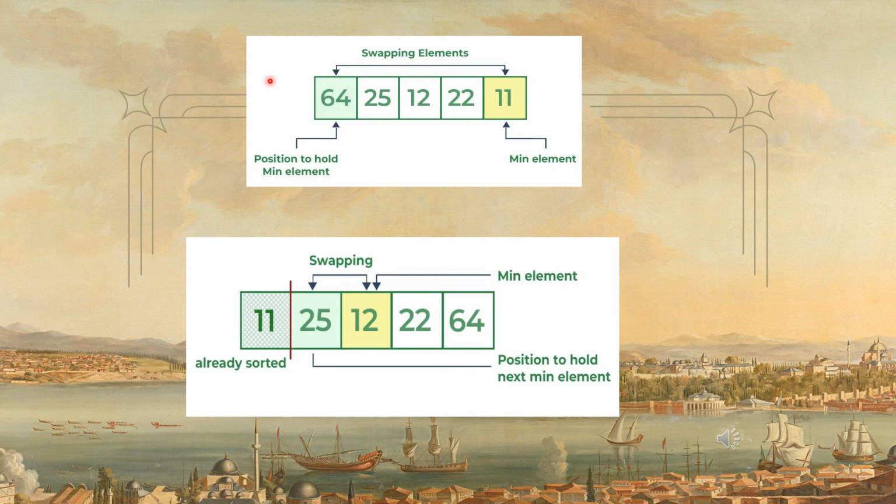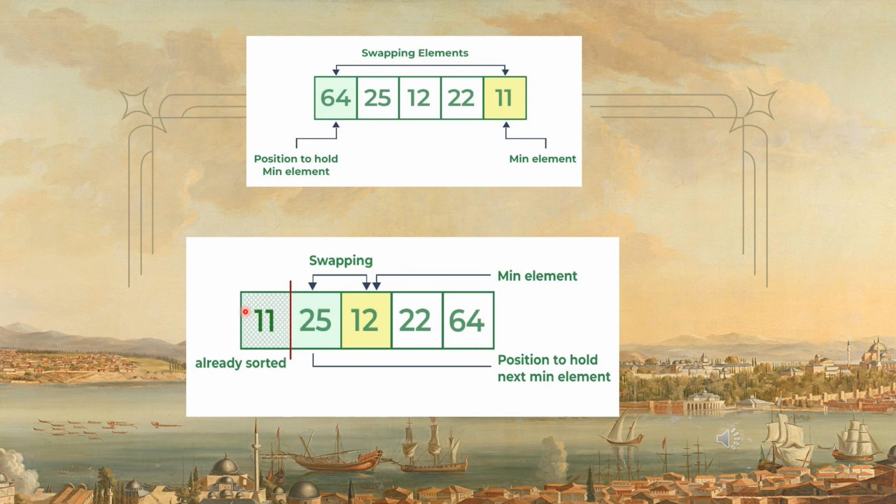As the first pass, for the first position in the sorted array, the whole array is traversed from index 0 to index 4 sequentially. The first position where 64 is present, after traversing the whole array, it is clear that 11 is the lowest value. Thus, replace 64 with 11. After one iteration, 11, which happens to be the least value in the array, appears in the first position of the sorted list.